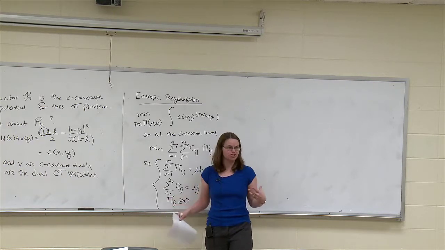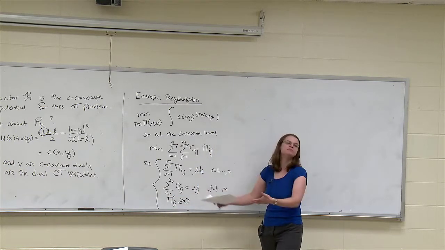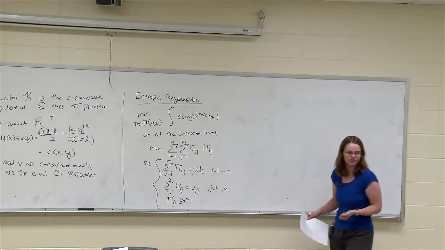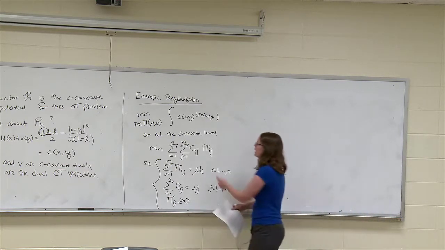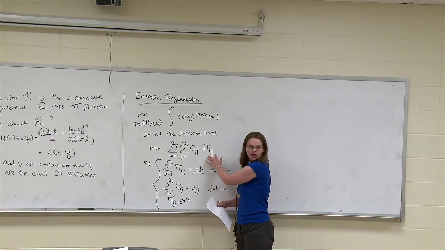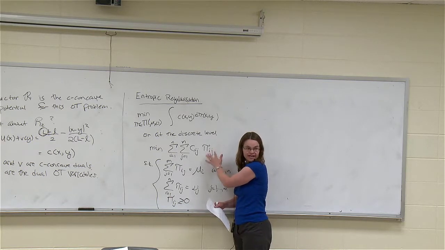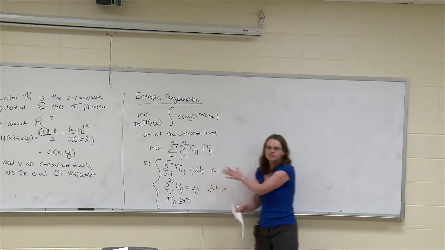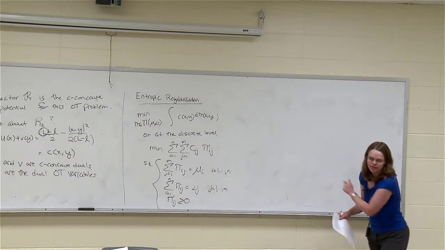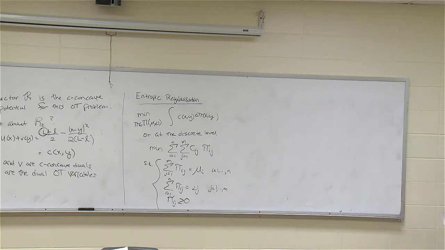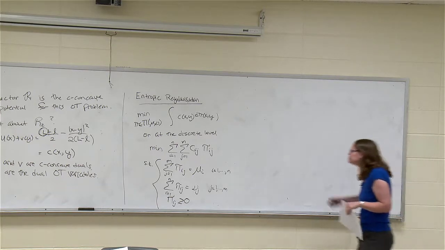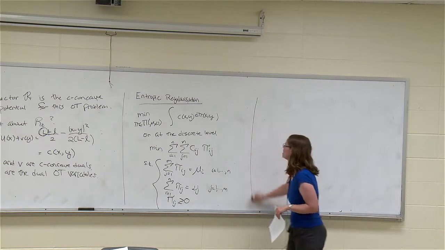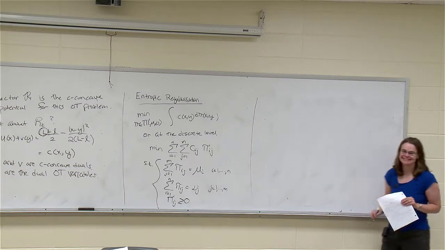So n is potentially very large, or it might be data where you have millions of data points or whatever. n is very large. Now I have not only n unknowns, but I have n times m unknowns. This is potentially a very, very, very big linear program, and this is in practice going to be prohibitively large, and the exact solvers for these are going to be slow, and this is not what you want to solve in general.